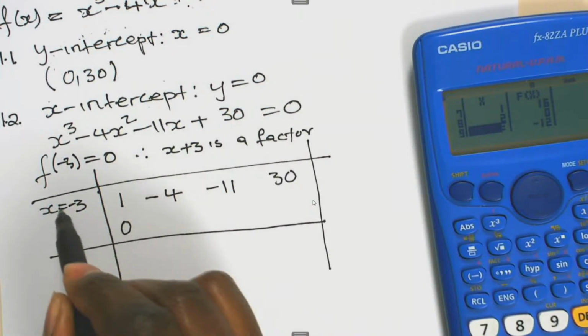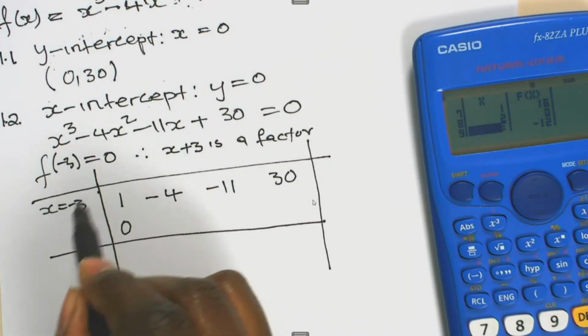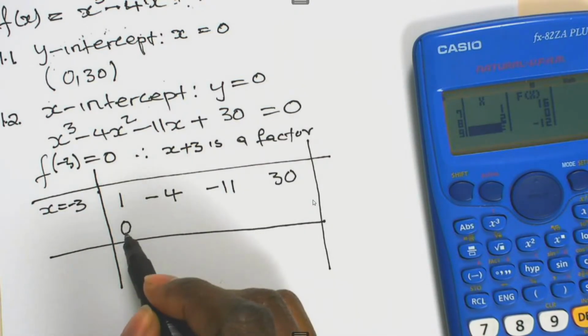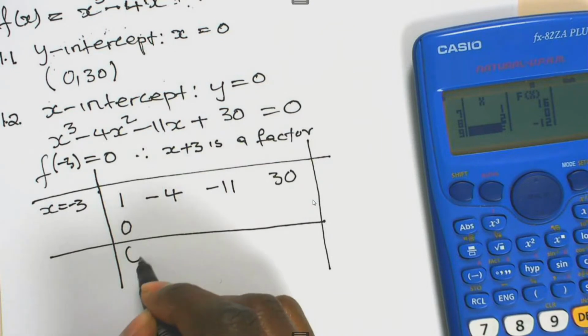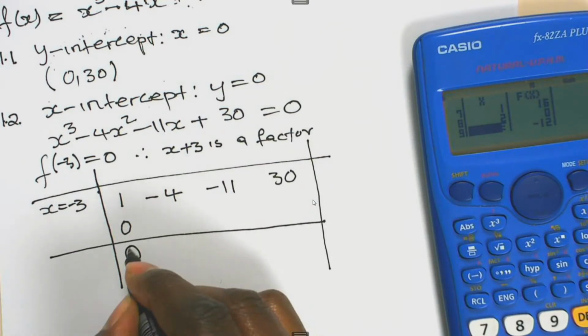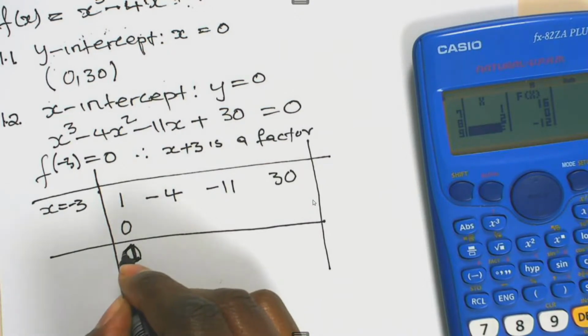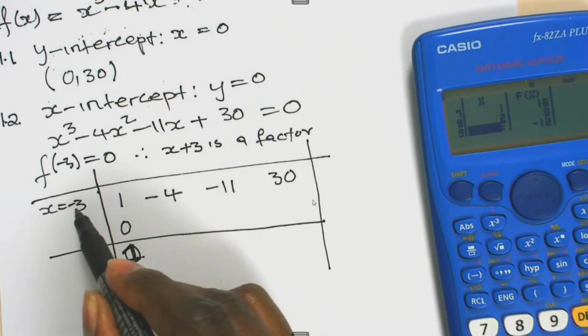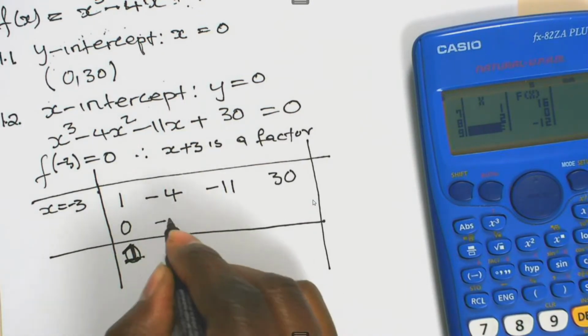Outside the gate, you multiply. Outside the gate, x is equal to -3, we multiply there. Now I'm going to say 1 plus 0 is equal to 1, sorry. Then we multiply 1 by -3 and get -3.